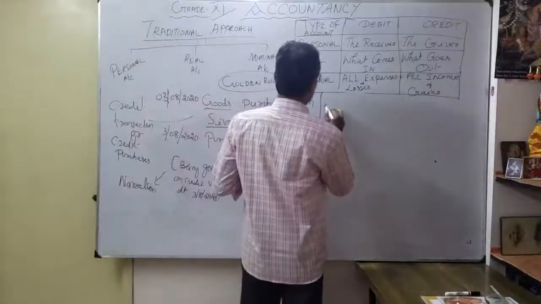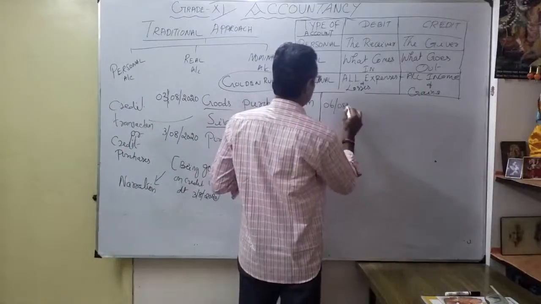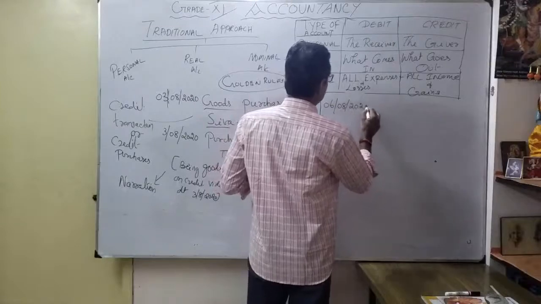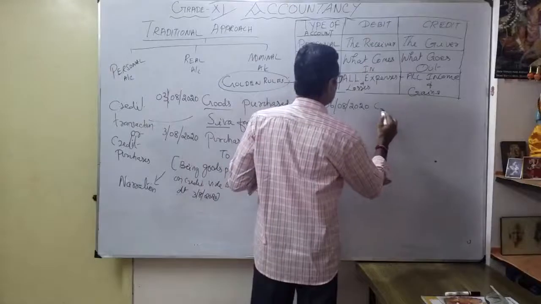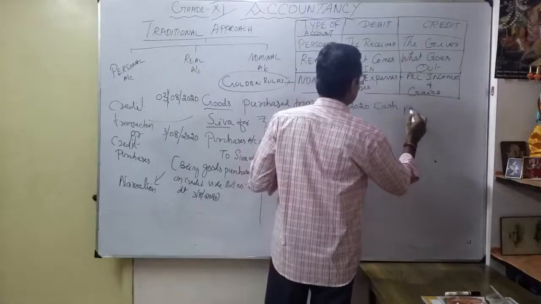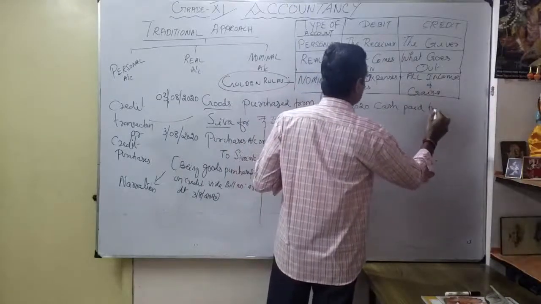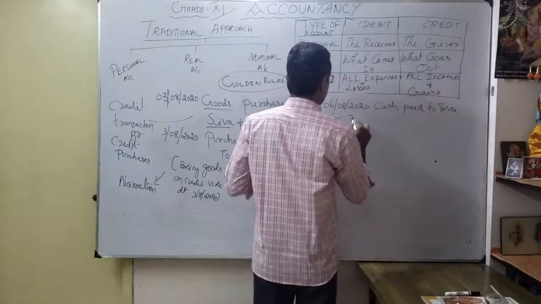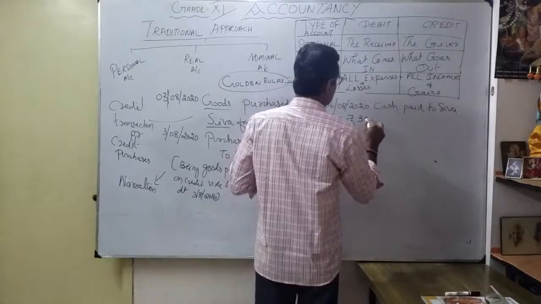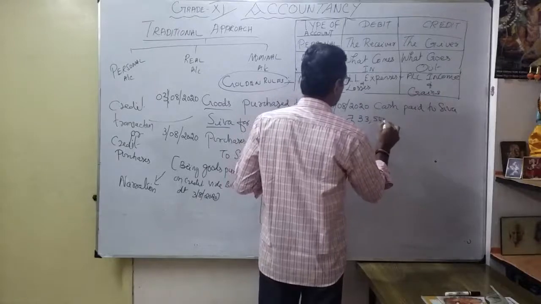Now the same, I put 6th August 2020, and we are going to pay. So I am writing, cash paid to Shiva, for how much? 33,500.